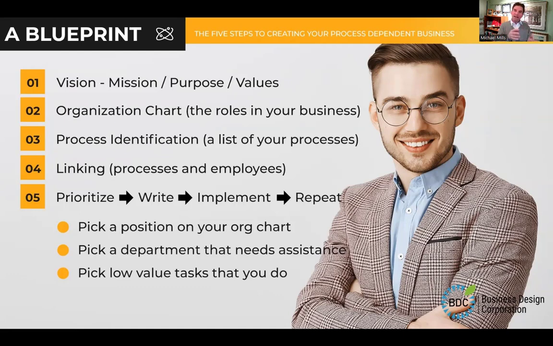And if you've assigned them to roles, you can look at your role, and if you're not going anywhere, you might have a bunch of really important processes. But if you're not going anywhere, like a 14-month vacation, you don't need to write those processes down because you're not going anywhere. You do them. You know how to do them.